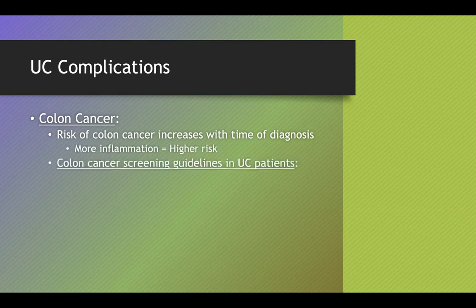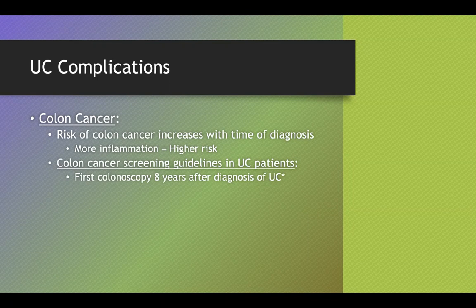I was looking at the screening guidelines for this. What you need to know is that the longer you've had UC, the higher your risk of colon cancer, and because of that, the screening guidelines match. Here are the colon cancer screening guidelines. If you have a diagnosis of UC, you should have your first colonoscopy 8 years after the diagnosis.